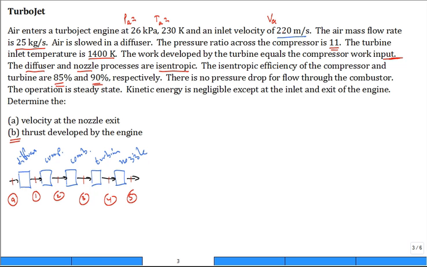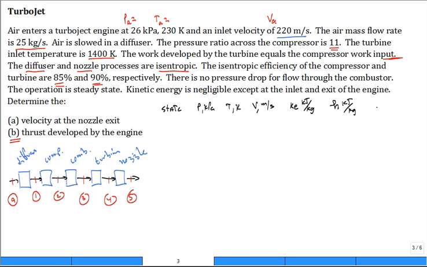What I do is make a nice little table. We'll have state, then pressure in kilopascal, temperature in Kelvin. And this velocity column is going to be 0 for most states, but since the first and the last states are what's important, put it in there. Then specific kinetic energy, I like to put as a separate column, kilojoules per kilogram, and then the enthalpy, kilojoules per kilogram.